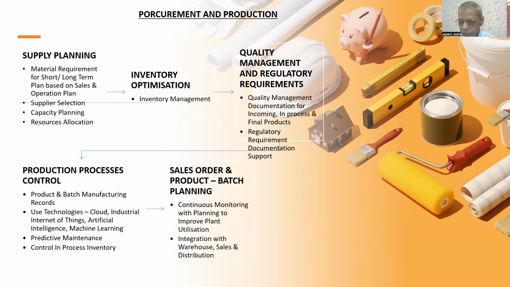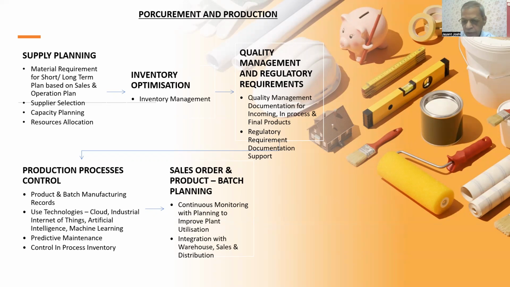So continuous monitoring of this, starting from the receipt of the material with the quality, through production, going to the customer, and improving that optimization. That means the product should move in a very fast way, without any delays, without any disruption at any stage, which is a very important thing.